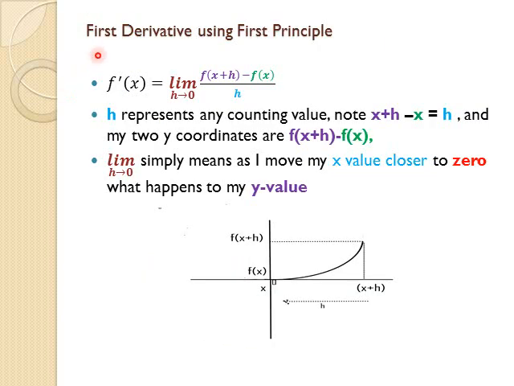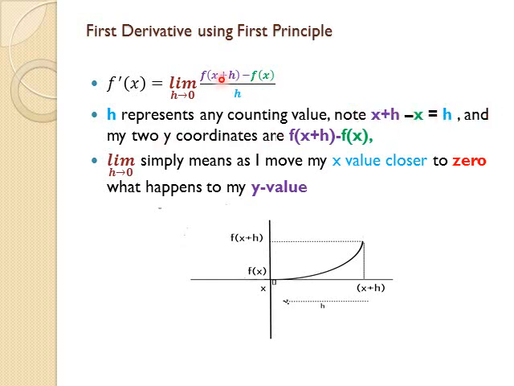So in an exam, when we ask you to find the first derivative using first principle, we're going to write f'(x) = limit as h tends to 0 of f(x + h) minus f(x) divided by h. h represents any counting value, and note it's x + h minus x. x and x cancel, and I'm left with h.